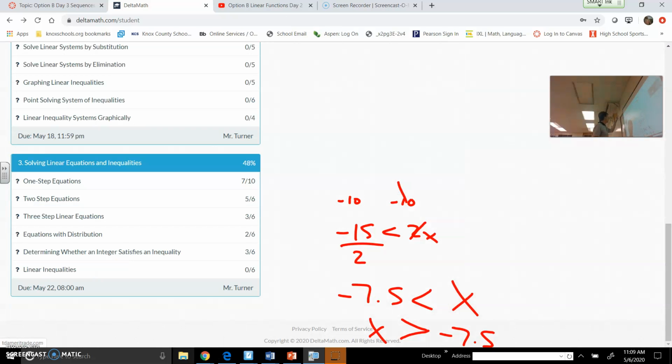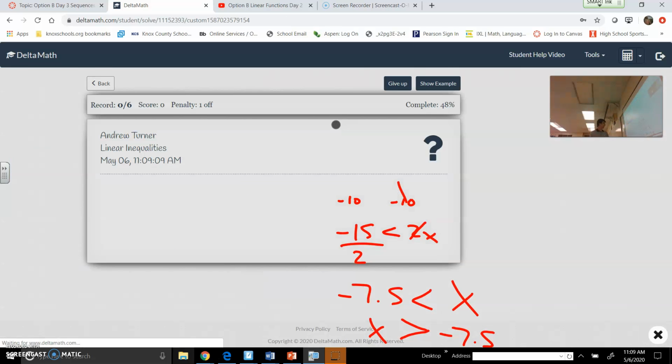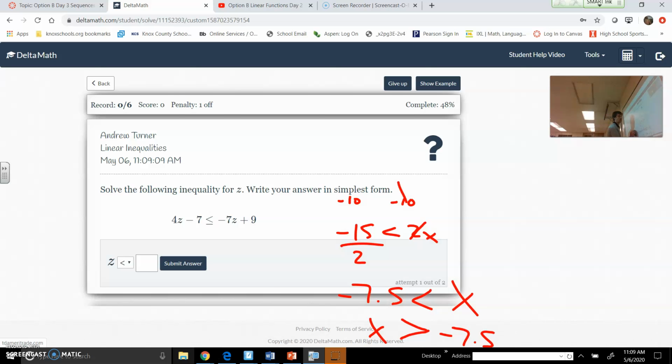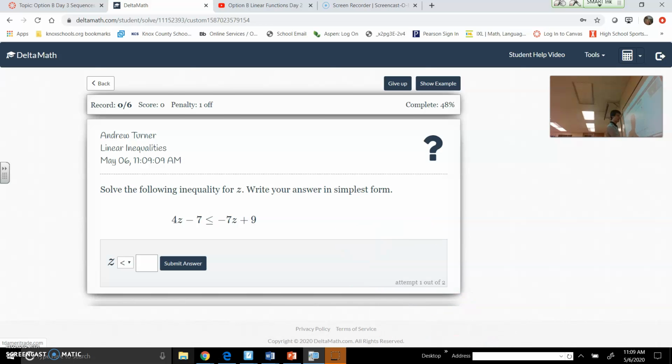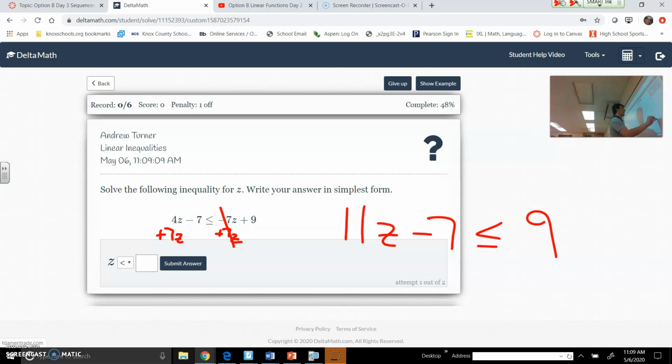All right, we've got one more section here, linear inequalities. Let's continue talking about solving those just like I was demonstrating a moment ago, but watch out for your sign. Let's start by combining like terms, and I like putting the variables on the left, especially since it says z is on the left when we're submitting our answer. So that's 11z minus 7, less than or equal to 9.